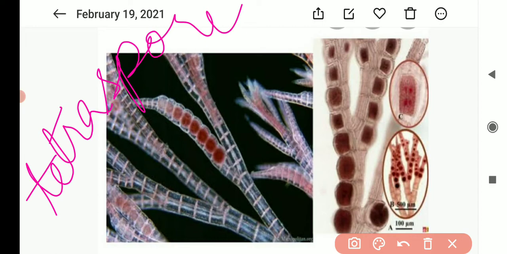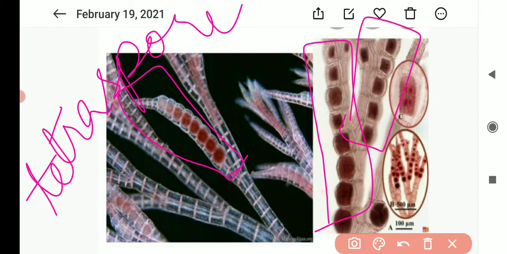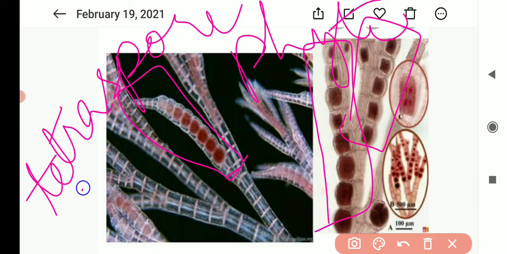I'm just showing you what a tetraspore should look like. If you see something long like this, you should know that this is a tetraspore. Or for the body part, we say it is the tetrasporophyte. Phyte is the plant body. Tetrasporophyte, it's the plant body.